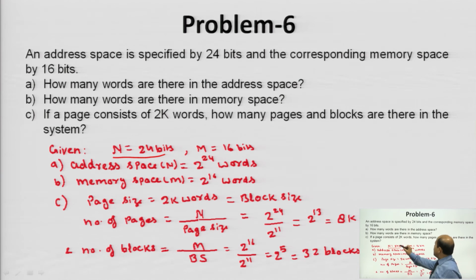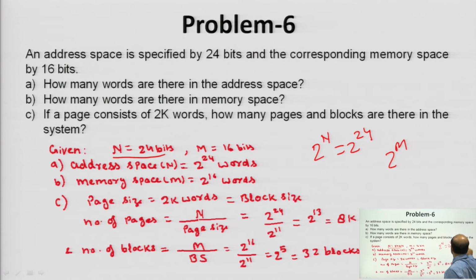Obviously, if n is given as 24, the address space will become 2 to the power n, that means 2 to the power 24. Similarly, the memory space will become 2 to the power m, so this will be 2 to the power 16, the size of main memory.